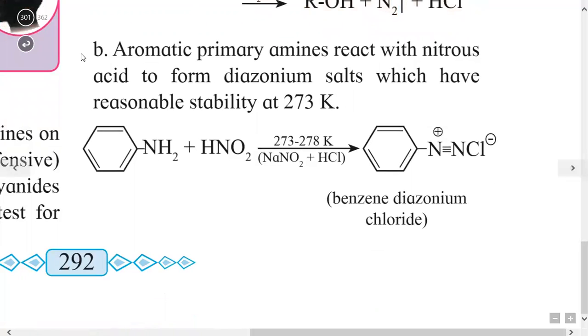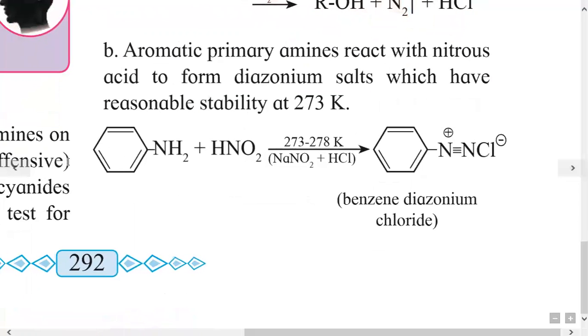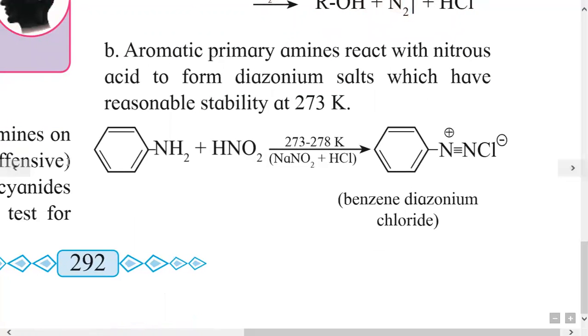Now for aromatic amine. Aromatic primary amine reacts with nitrous acid to form a diazonium salt, which is reasonably stable at 273 Kelvin. Here this is aniline, that is a benzene ring bonded with NH2. Primary aromatic amine reacts with nitrous acid.